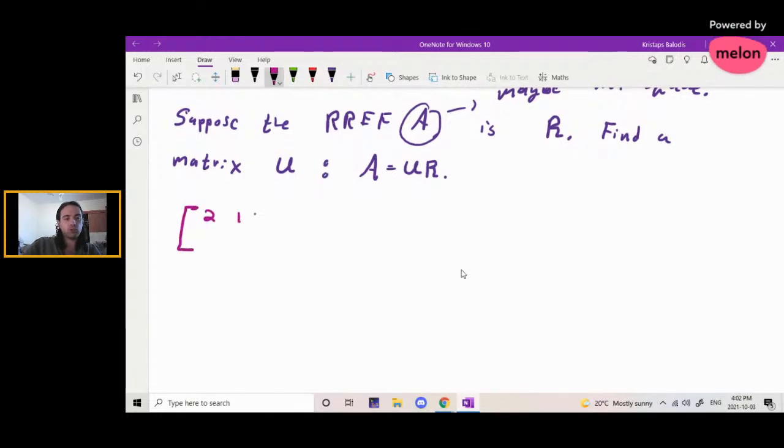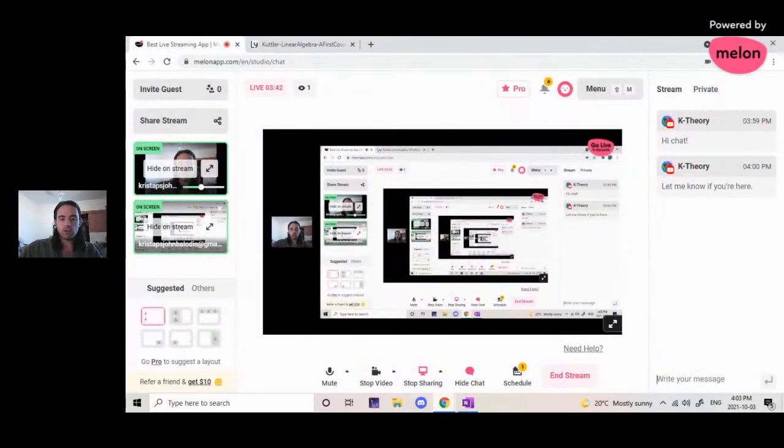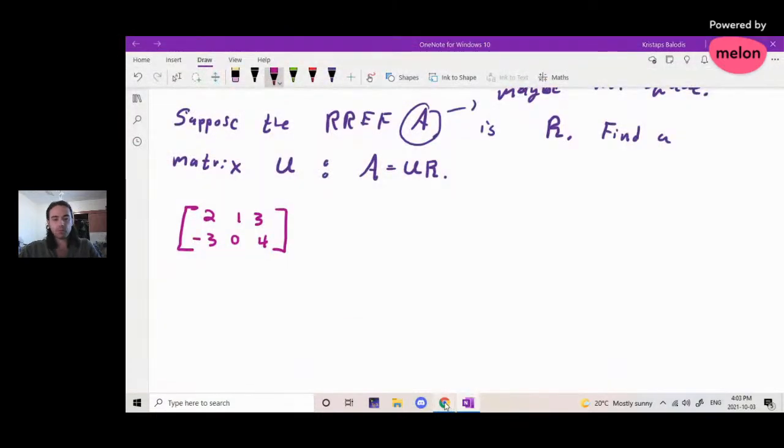So let's do 2, 1, 3, -3, 0, 4, right? So this is the matrix we'll be working with. And we'll start with this matrix here, and let's find its reduced row echelon form, right?